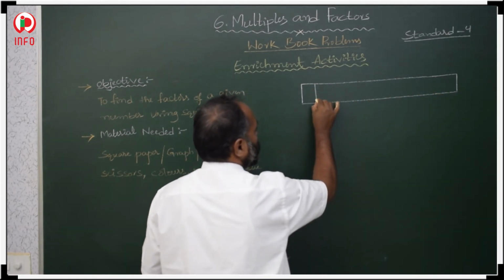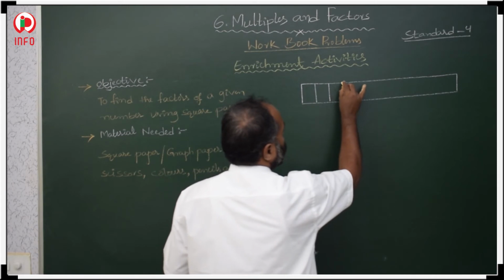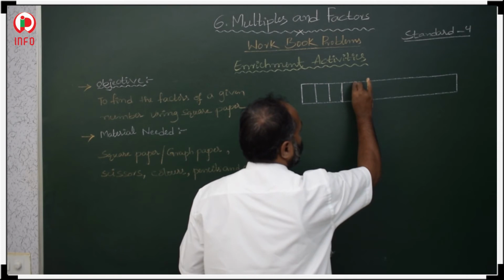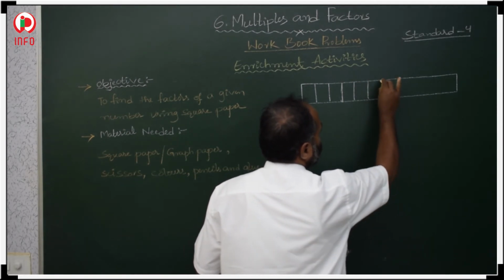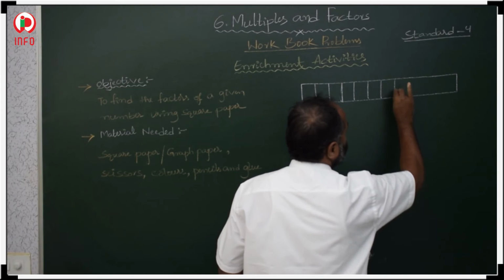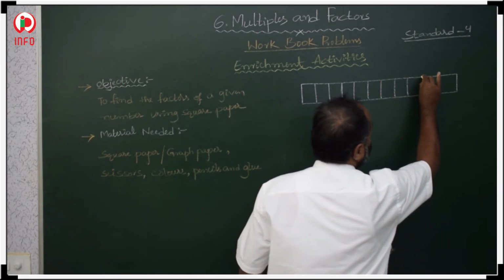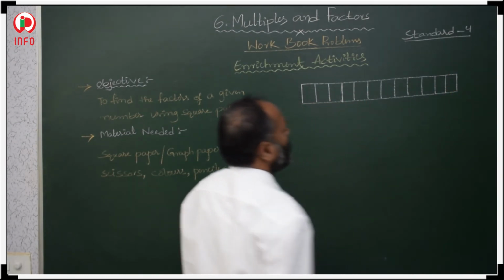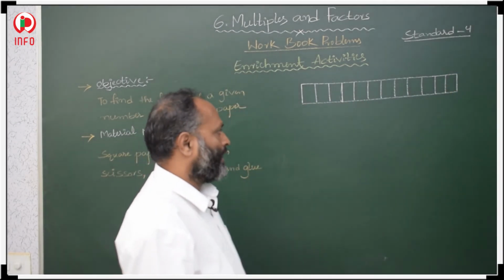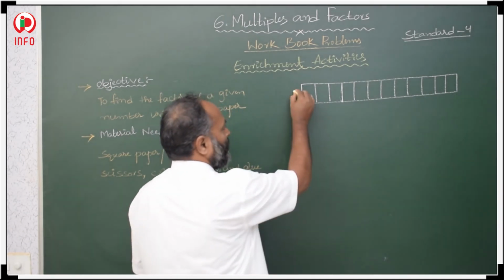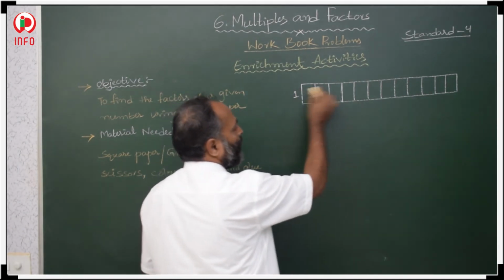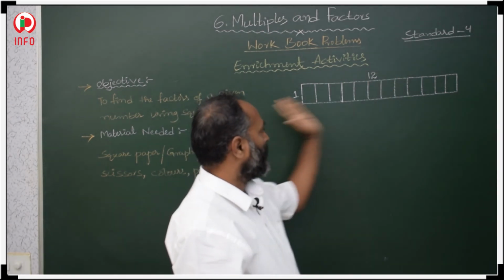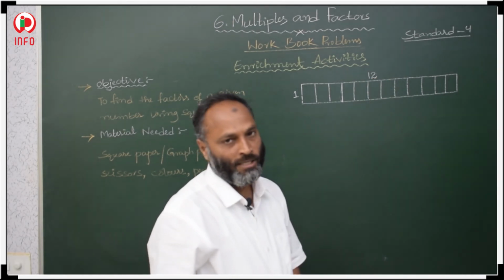This is first, second, third, fourth, fifth, sixth, seventh, eighth, ninth, 10, 11 and 12. In one row, total 12 squares were there.